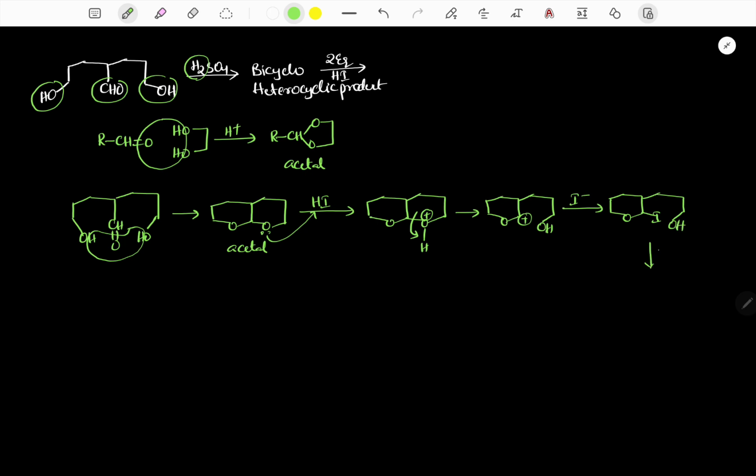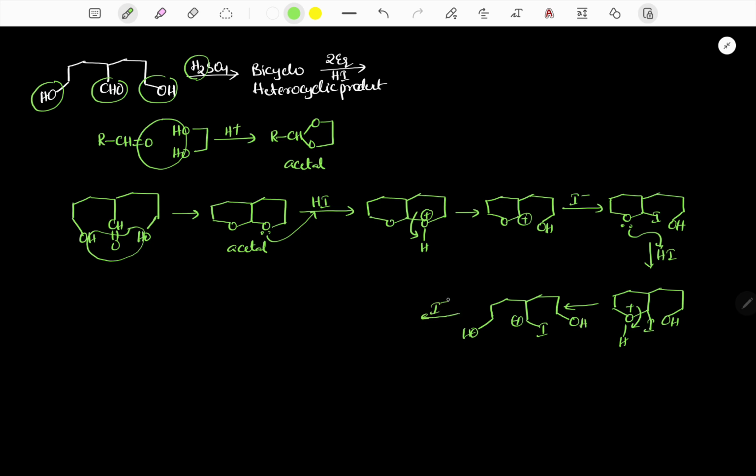Again it reacts with another molecule of HI. So the lone pair attracts the proton. Now here the leaving group will leave because the C plus can be stabilized by the resonance effect of iodine.